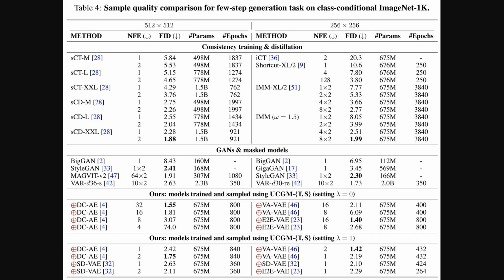For instance, using their UCGM trainer and sampler, a 512 by 512 model achieves a Fréchet Inception Distance of 1.75 with only 2 number of function evaluations. And for 256 by 256 images, they get down to a 1.42 FID, also in just 2 steps, which is top-tier performance.